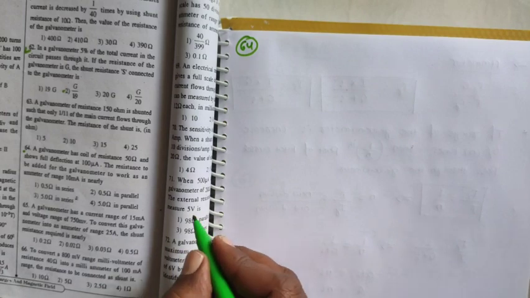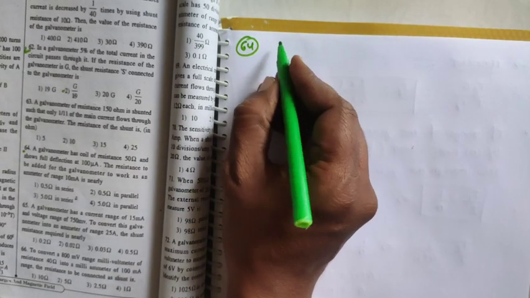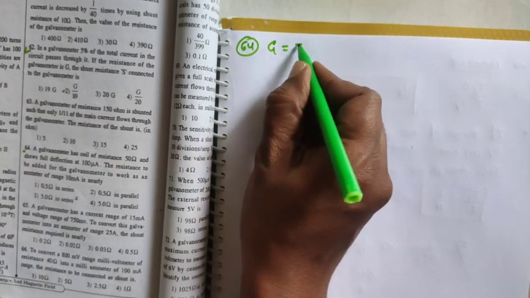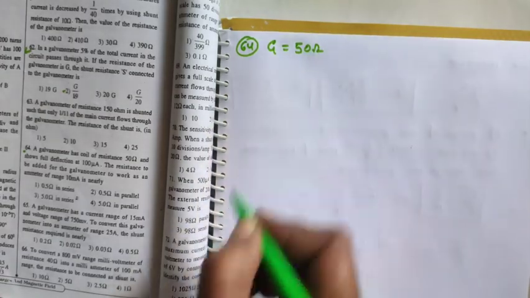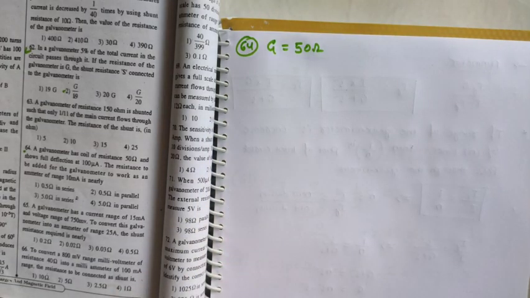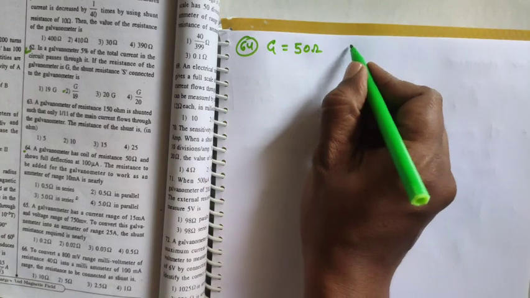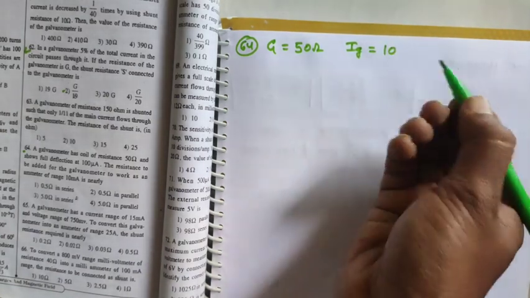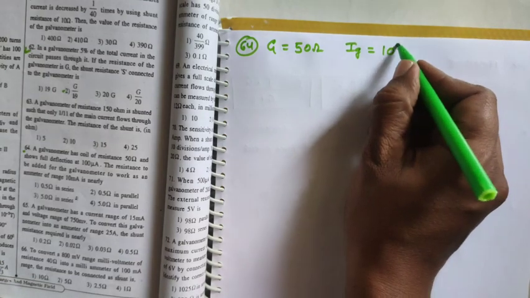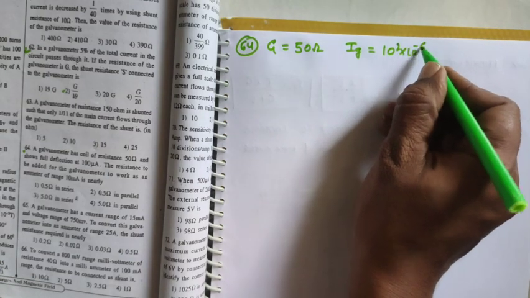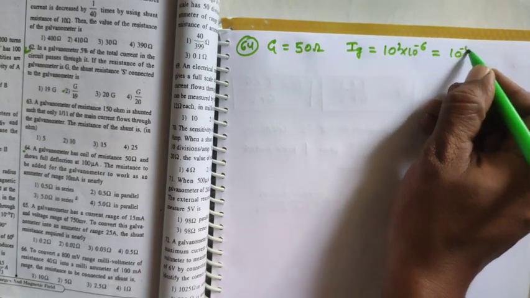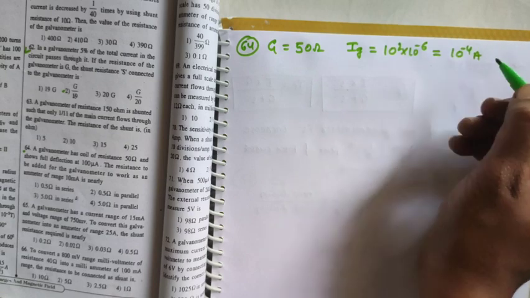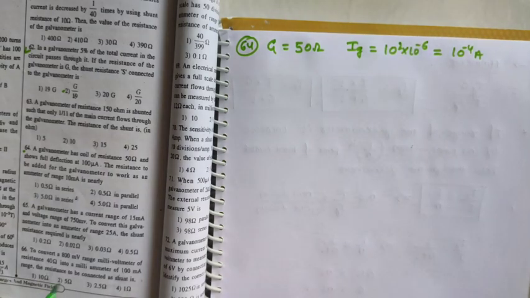A galvanometer has a coil of resistance 50 ohm, it means G value is equal to 50 ohm, and shows full scale deflection at 100 microampere. So full scale deflection at 100 microampere means current through the galvanometer. 100 means 10 to the power of 2, micro means 10 to the power of minus 6. Shall I take this as 10 to the power of minus 4 ampere here, right?